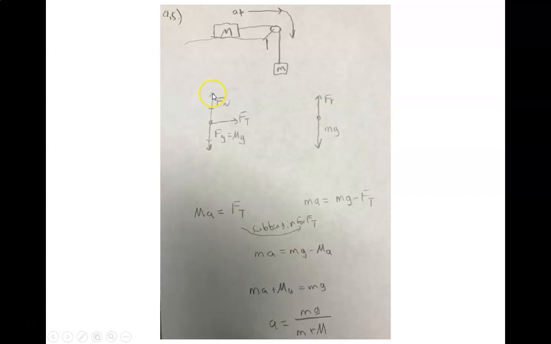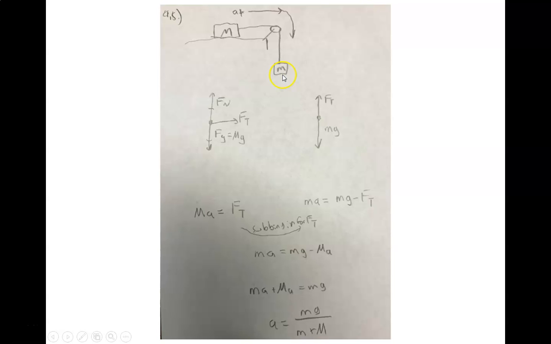So for the big M, we've got the force of gravity down, which equals big M g. You've got the normal force up, and you've got the force of tension to the right. We know that the mass is only going to accelerate to the right, so the normal and gravity forces cancel. They do not have a net effect on anything.